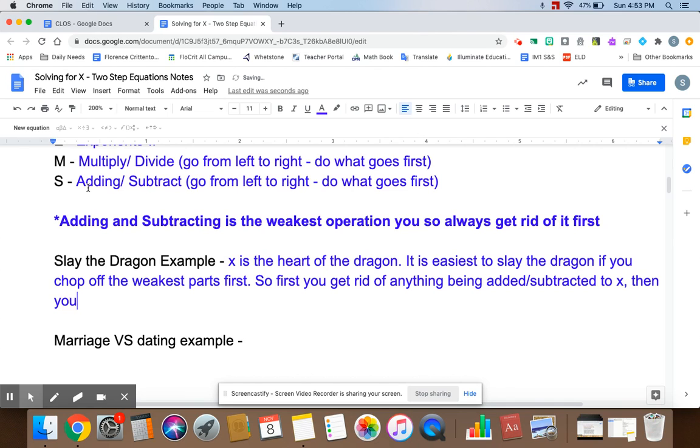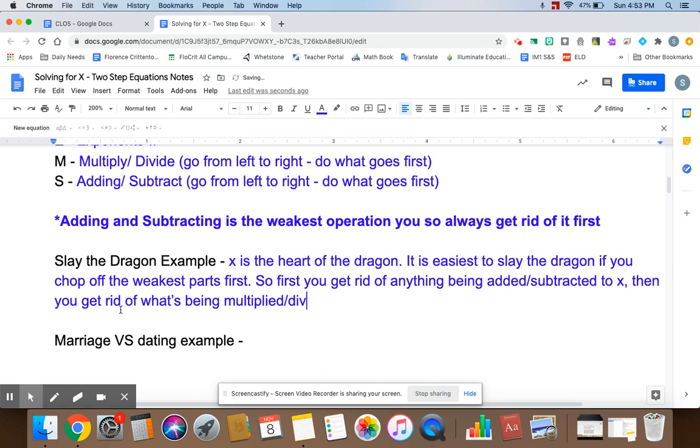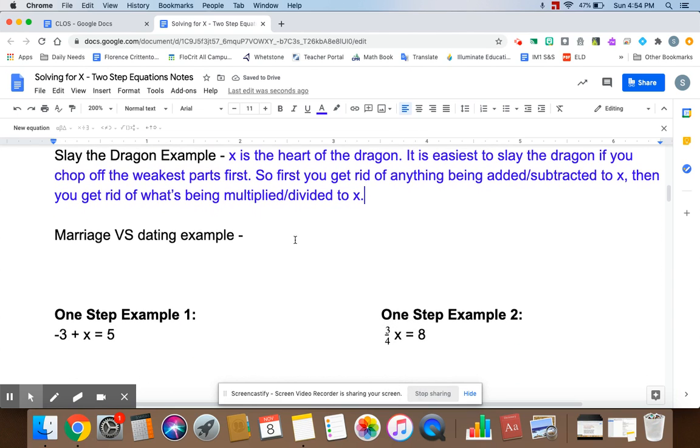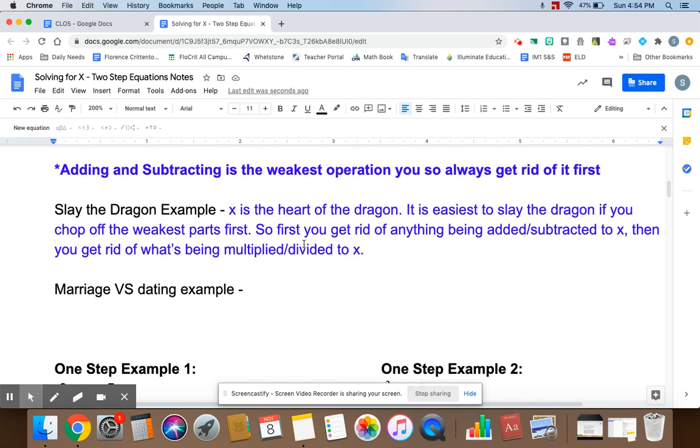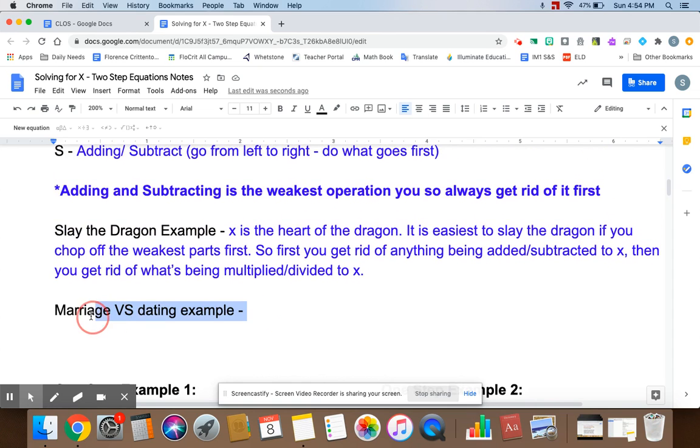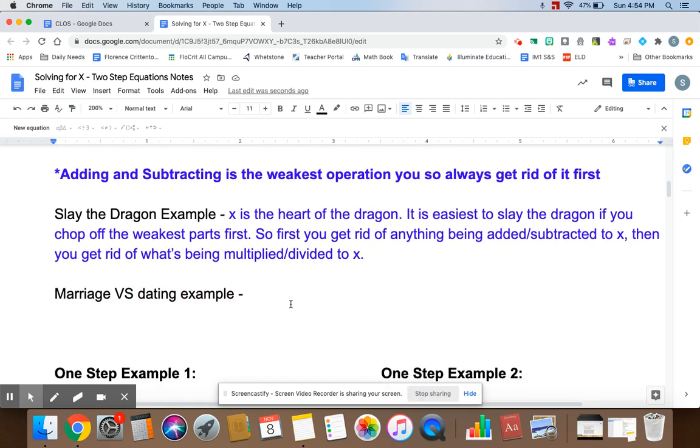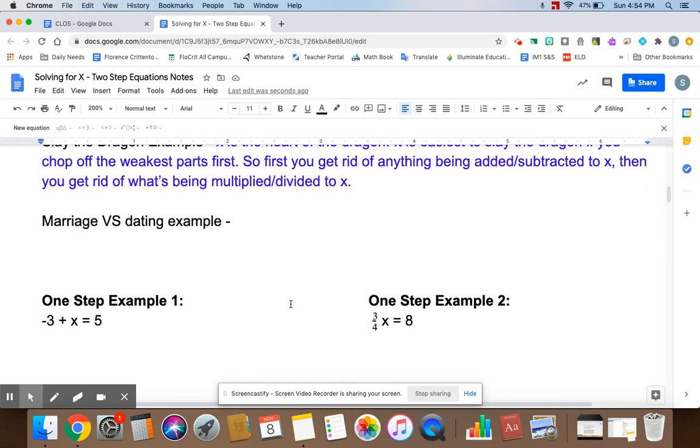Then, once this one's gone, the next weakest is what's being multiplied or divided to x. I also have this marriage versus dating example, but I'm going to save it for when we get to my 2 steps.